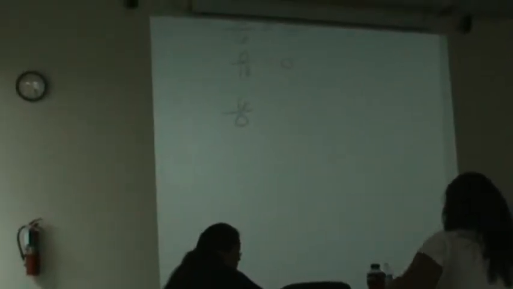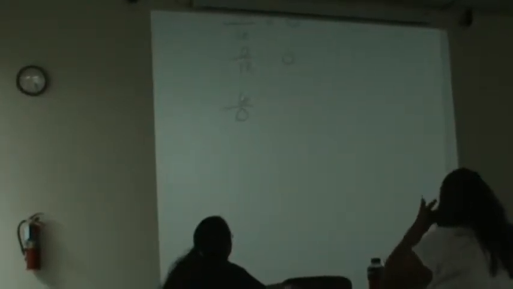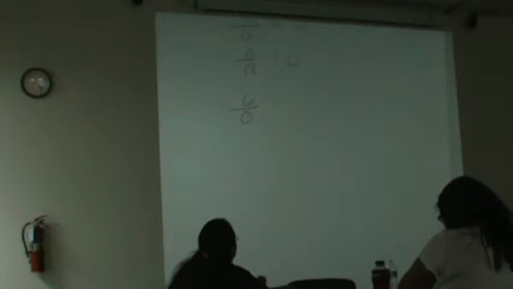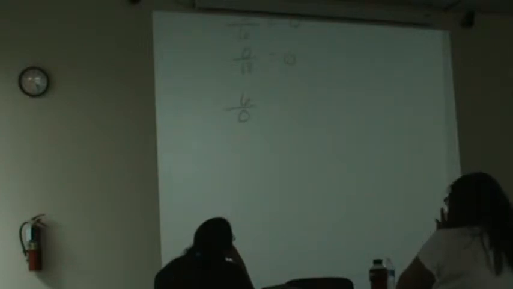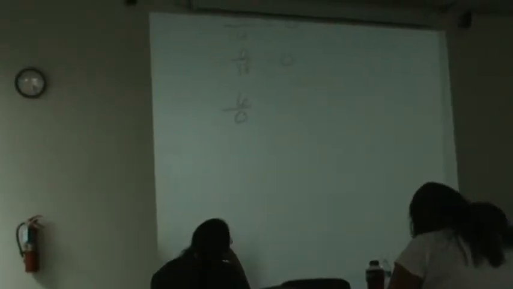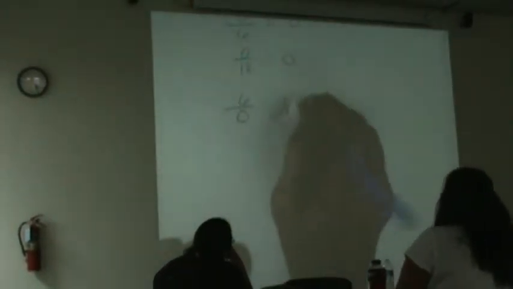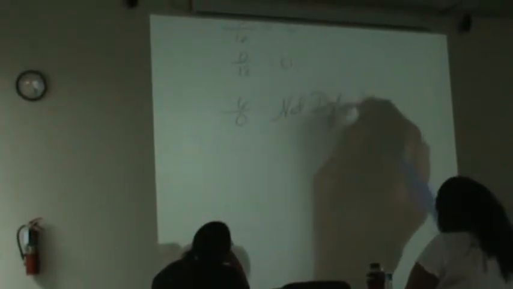You cannot divide by 0. It stays in one piece, not divided up. You can divide it in half, you can divide it in thirds, but you can't divide it into 0 parts. So you'll put not defined or undefined, okay?